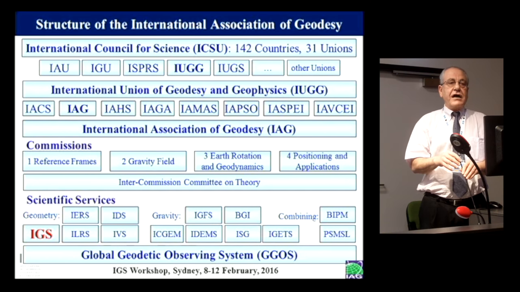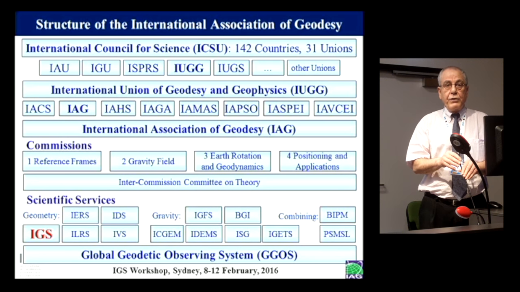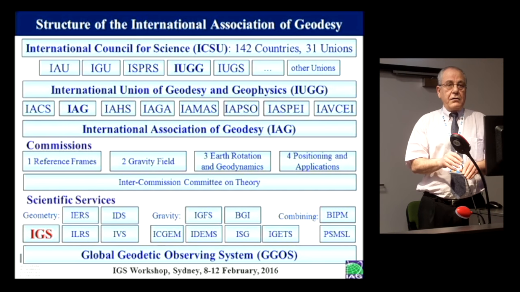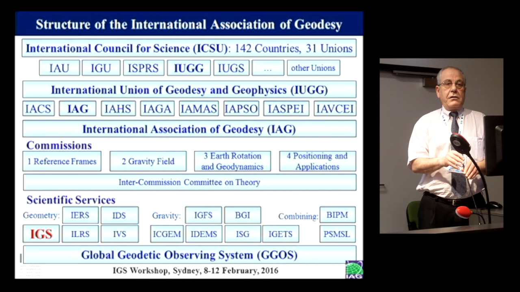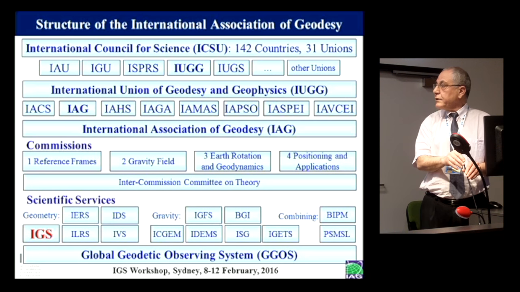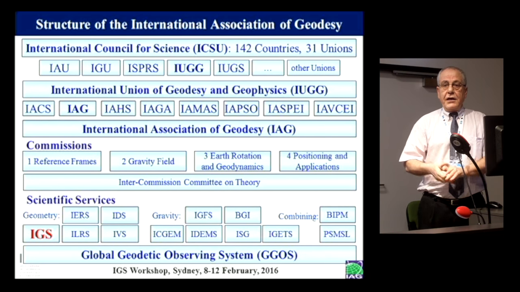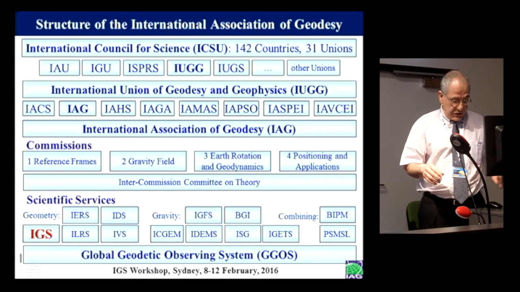And then under that, you have what we call the scientific unions. And one of them is the IUGG, where the IAG belongs, together with 7 other associations. So you have the IAG commissions, and then the services where you find the IGS. And the IGS has a particular role, as every service has its particular role within the IAG.